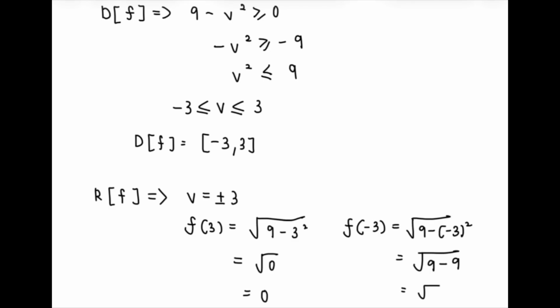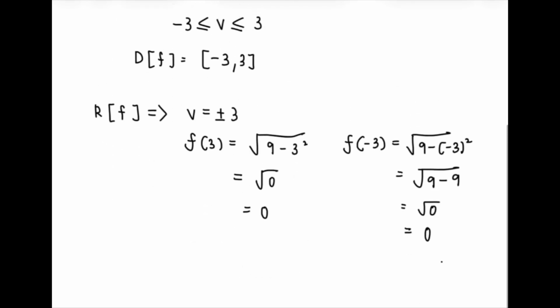So yes, we also get 0 when v is 3 or negative 3. And then the biggest value inside the square root will happen when v is 0.